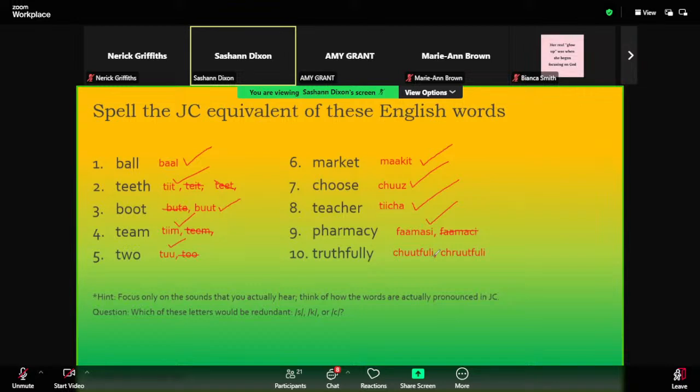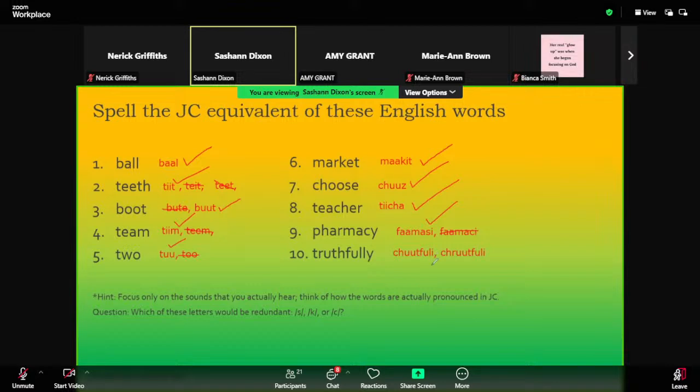Hence, we only have one U in that syllable. Truth, with a long oo, and then fully. Now we have a short oo sound. So this word should be making it clear the difference between the long oo sound and the short oo sound. Truthfully. And of course, we have the other short vowel sound there at the end, the short E sound.